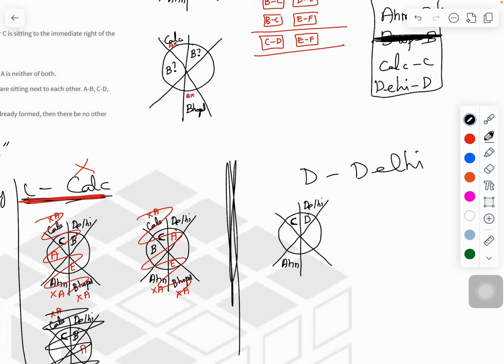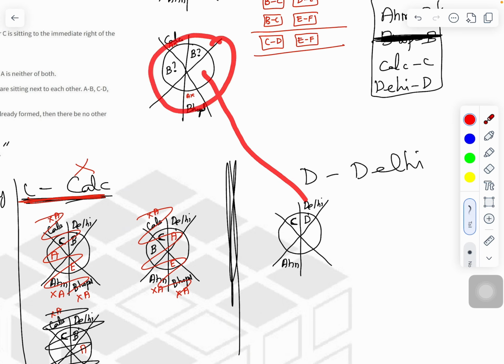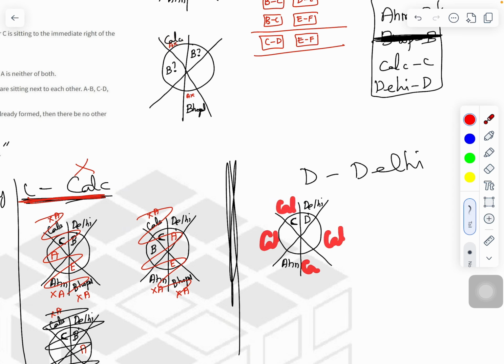I have to try to place this B here, or maybe I'll try to place this Calcutta here. Where can I place this Calcutta? I can place my Calcutta here, here, here, here.